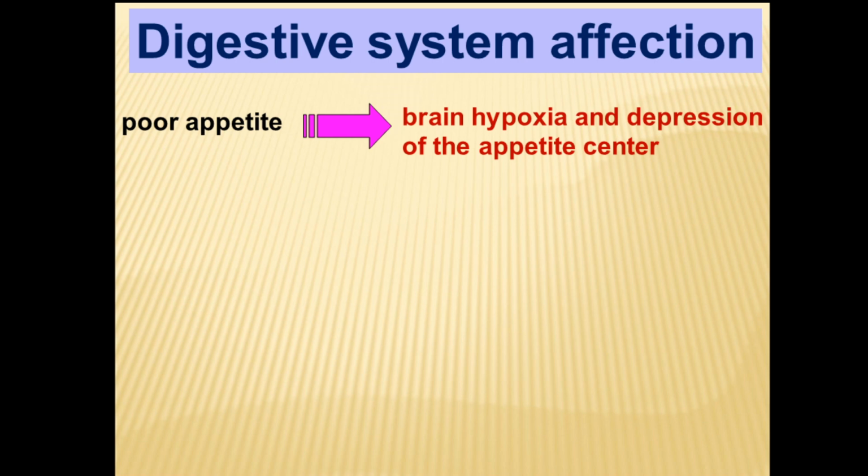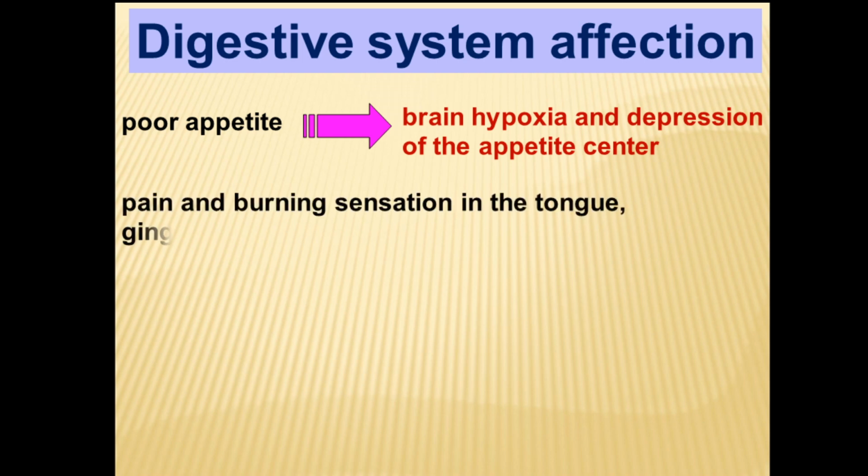Digestive system affection appears due to atrophy of the gastrointestinal mucosa. As a result, the patient feels discomfort after eating and loses appetite due to formation of dyspeptic symptoms and due to brain hypoxia and depression of the appetite center.